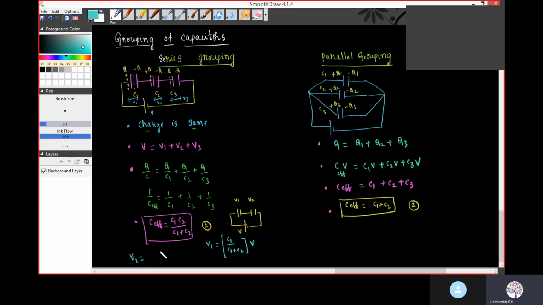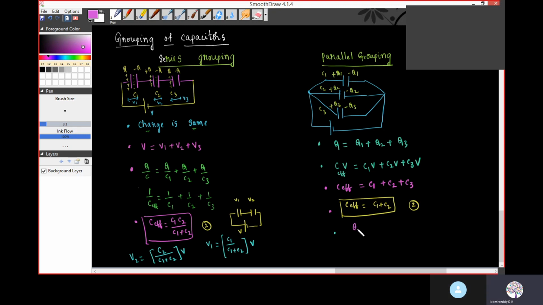V2 will be equal to C2 by C1 plus C2 into V. For this one, V is constant.